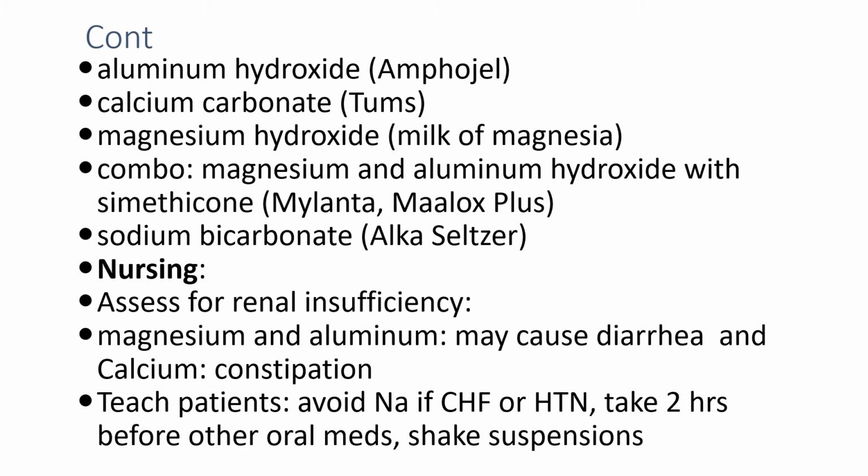And your sodium bicarb is that tried and true Alka-Seltzer. Please make sure you're monitoring the kidneys. Magnesium and aluminum may cause diarrhea, and calcium may cause constipation. Teach patients to avoid sodium if they have congestive heart failure and hypertension, to take antacids 2 hours before other oral meds, and make sure that they shake the suspensions.